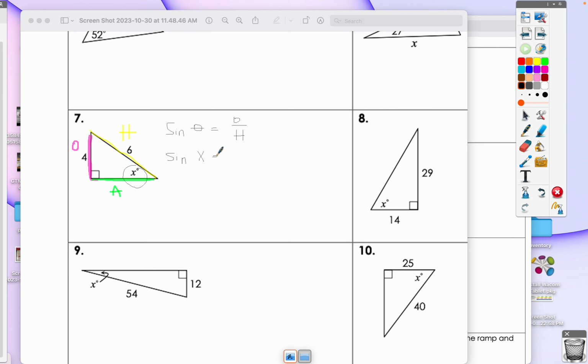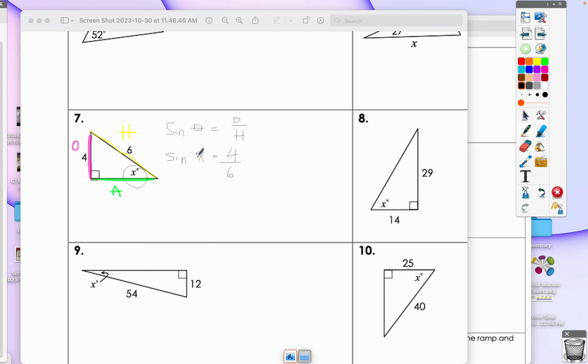I'm going to replace the opposite with the 4 because this was the side across from, or opposite to, the X degree angle. And I'm going to replace the hypotenuse with a 6 because, well, that's the longest slanted side, the one across the 90-degree angle. All right, you guys.